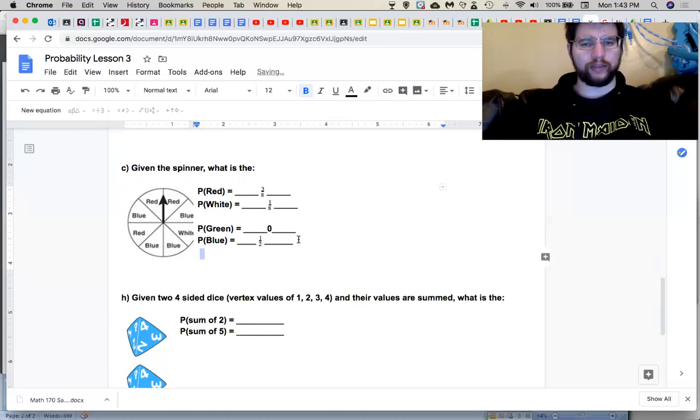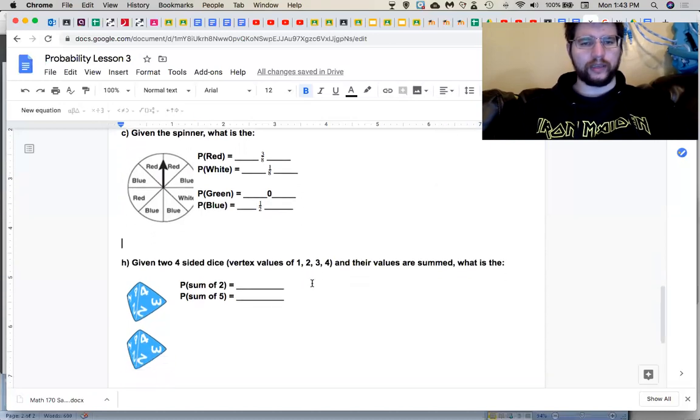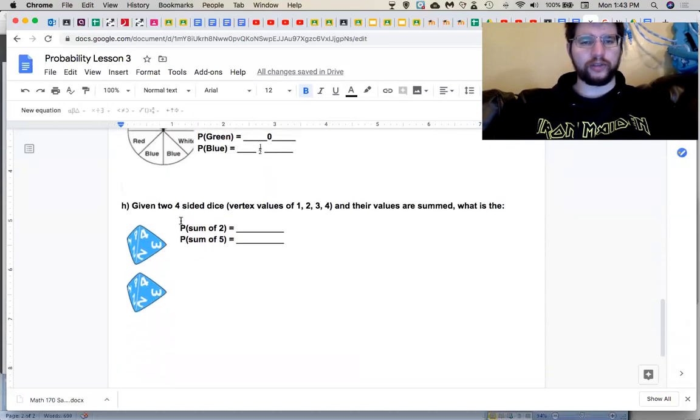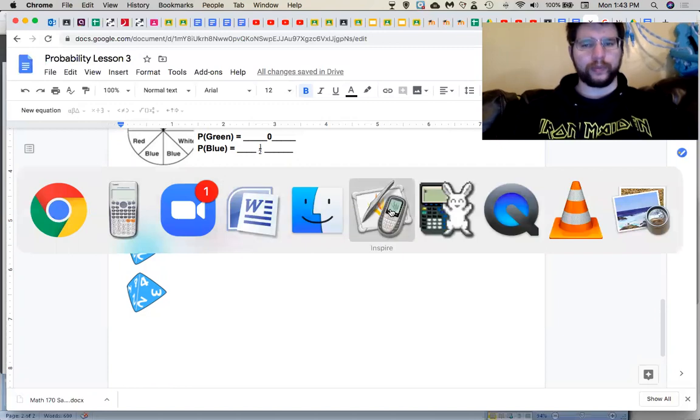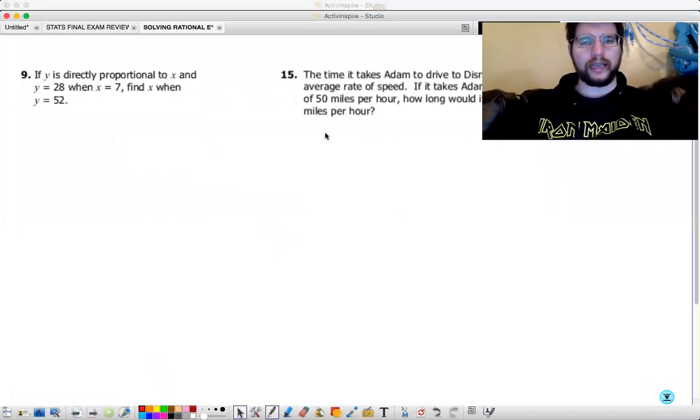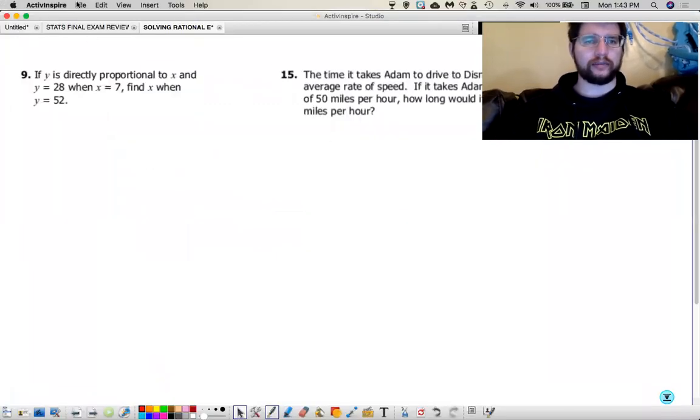tests as simplified fractions. Okay, we've got a couple D4s here, 2 D4s, and their values are summed. So here you might want to draw out your sample space. So I'm actually going to do that for you. It's a lot easier if you look at sample space for this thing.